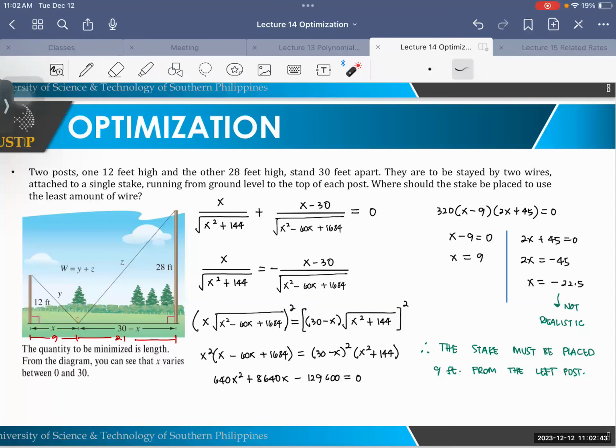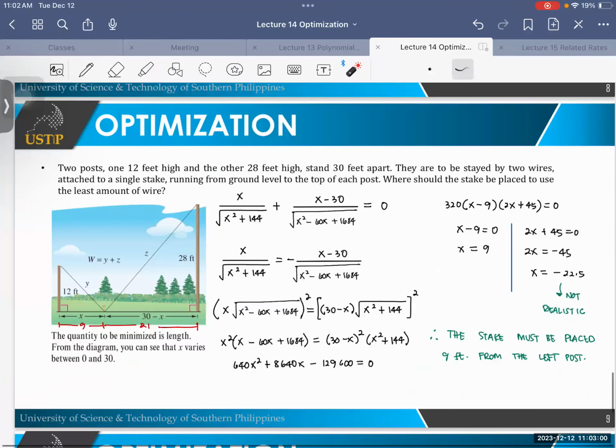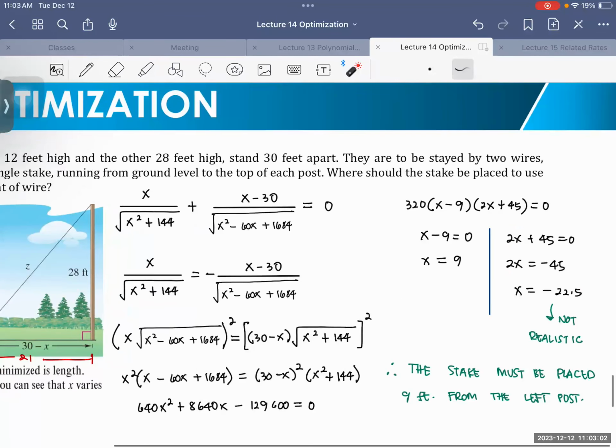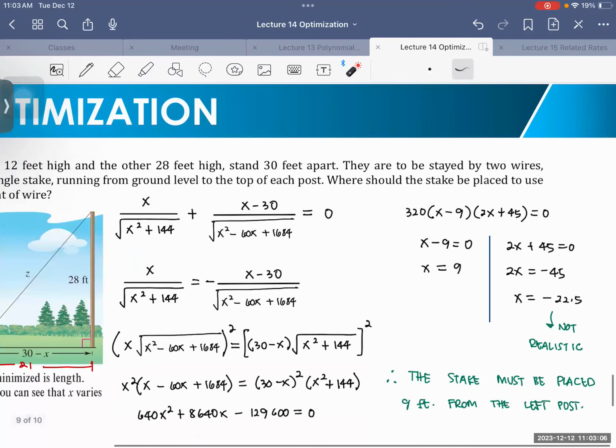Basta ang imong simplification is you will have this expression 640x squared plus 8,640x minus 129,600 is equal to 0. We want to get the roots of this, no? So we will factor that out. Sorry, we'll find the factors. So ang factors ana will be this. Okay? So factor ana will be equate na to 0.